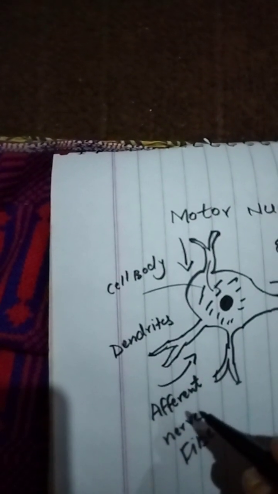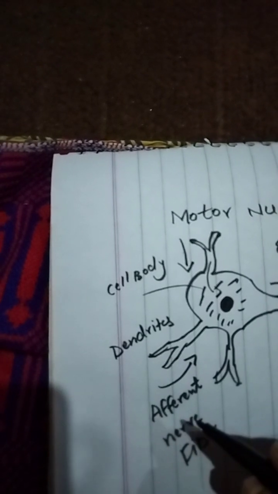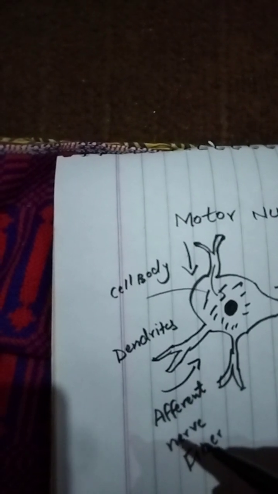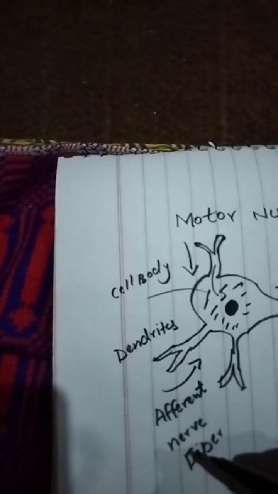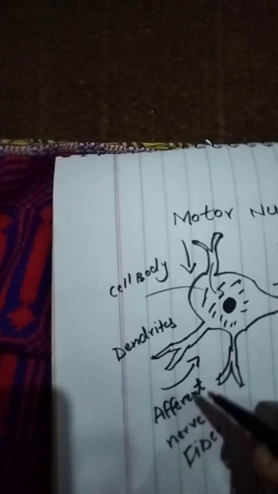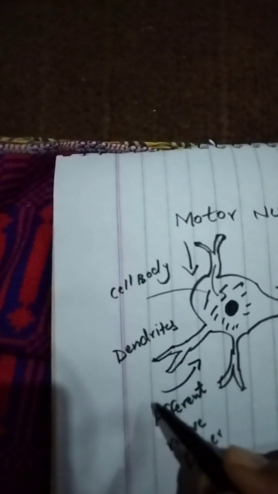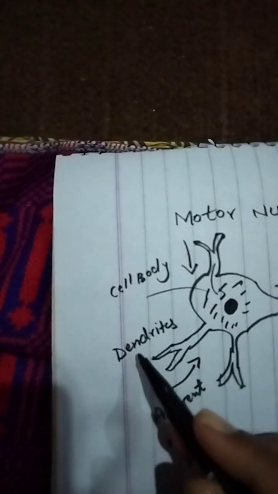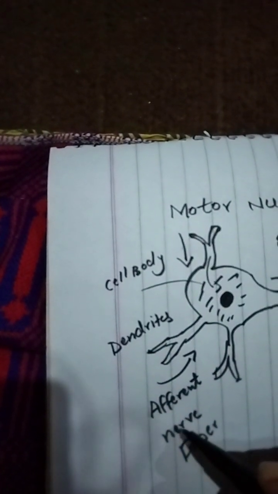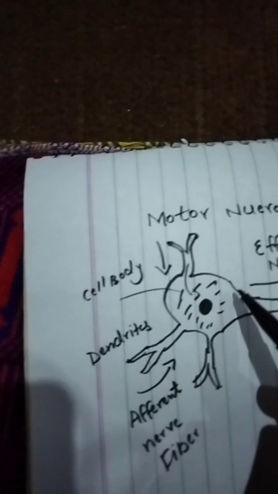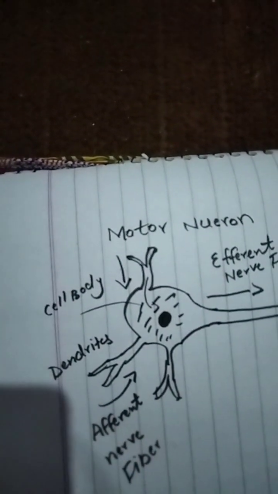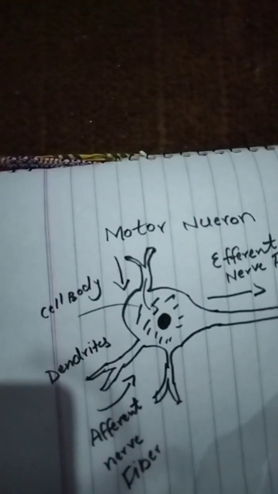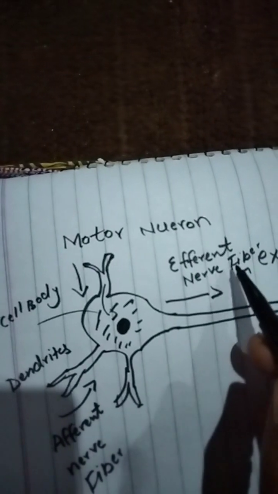A nerve impulse is a message that is initiated by an electrical potential. This message is carried toward the cell body of the motor neuron through the dendrites, and these are called afferent nerve fibers. And the nerve message carried away from the cell body toward the axon is called efferent nerve fibers.